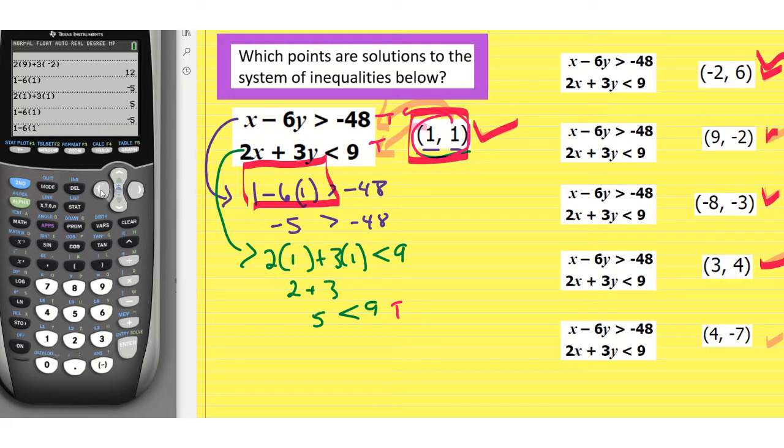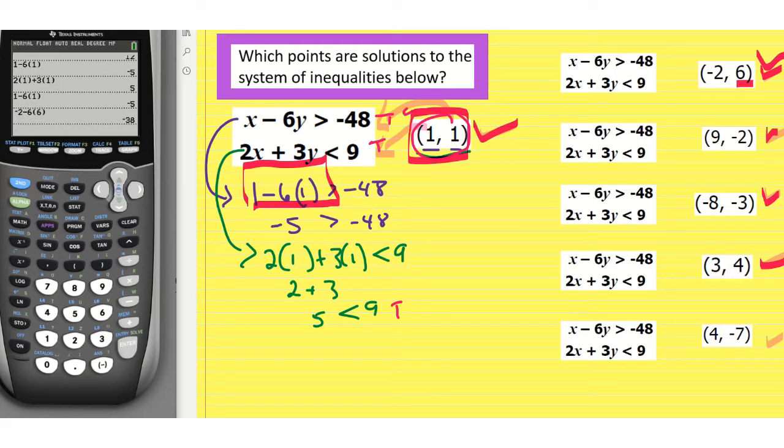So I'm going to backspace, and I'm going to do second insert, the blue word insert, to make sure it scoots things over. So I'm going to put in negative 2. Then I'll just delete that 1 out of the way. And now it's minus 6 times the y value, where the y value is going to be a 6. So I'm going to put a 6 in there, and then I'm going to push enter.